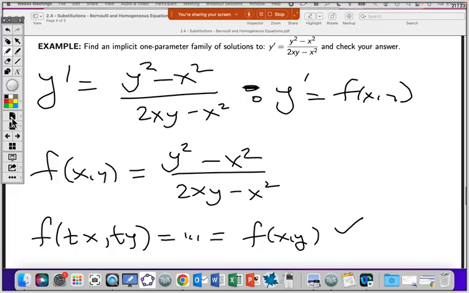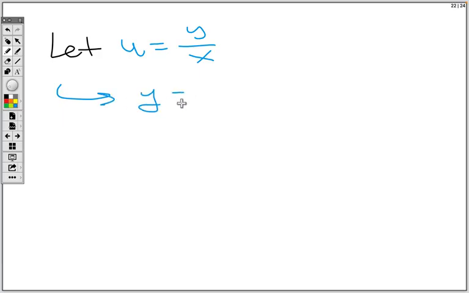So the substitution is we're going to let u be y over x, or once again, y equals ux. I think it'll say explain why the differential equation is homogeneous.